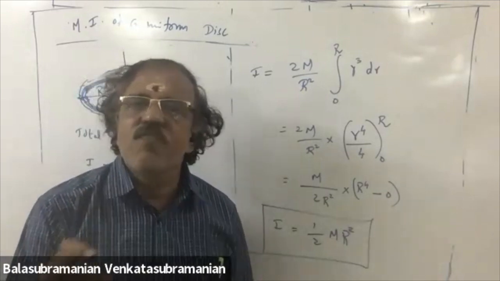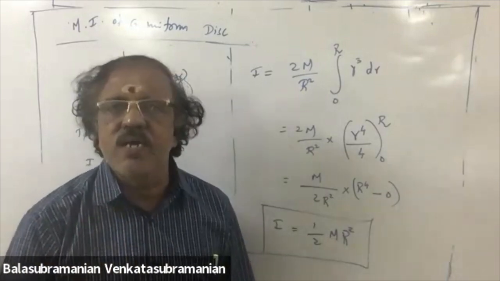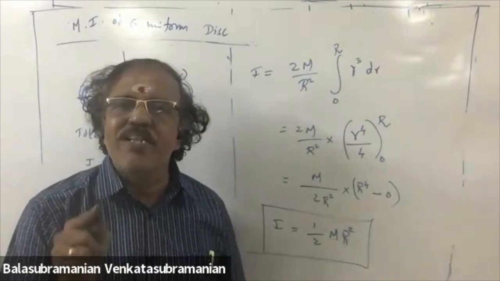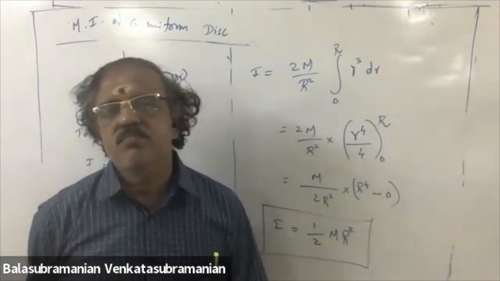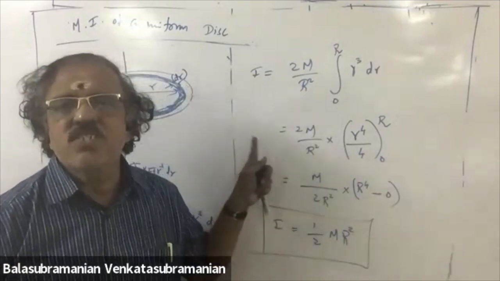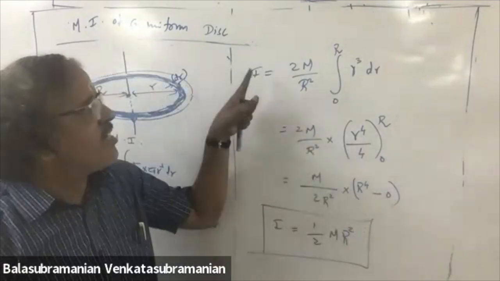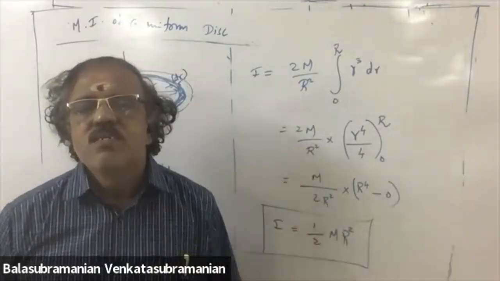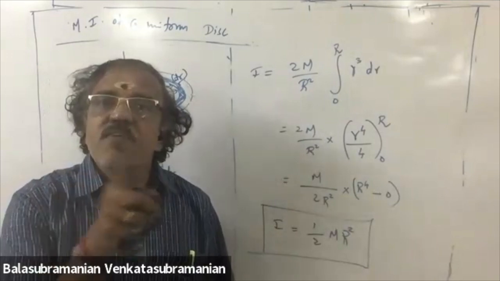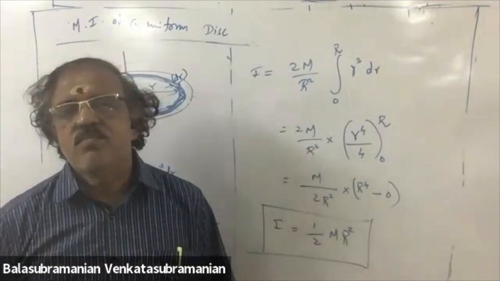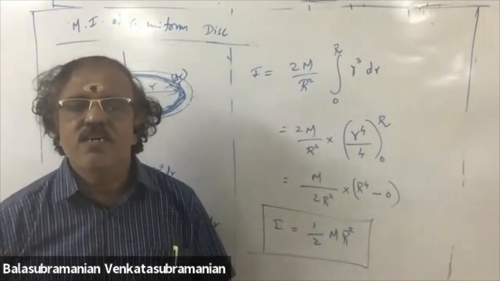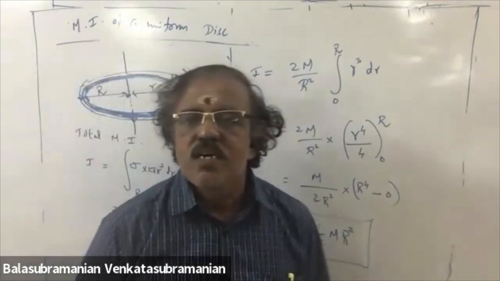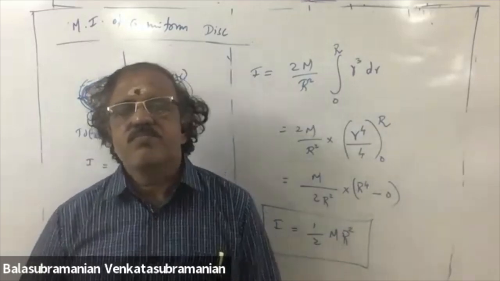Moment of inertia of a ring is m r square. Moment of inertia of a rod is m l square by 12. Here, one big change is mass by area we have to consider. So new term, sigma, we have to calculate: mass per unit area. In the previous two cases, mass per unit length we have done. Now mass per unit area.